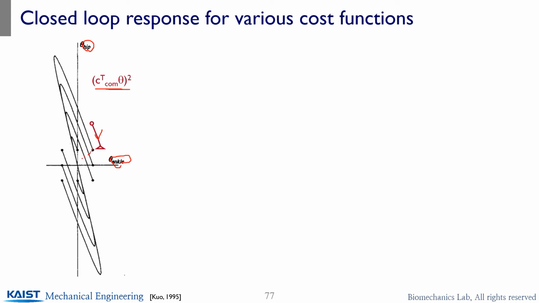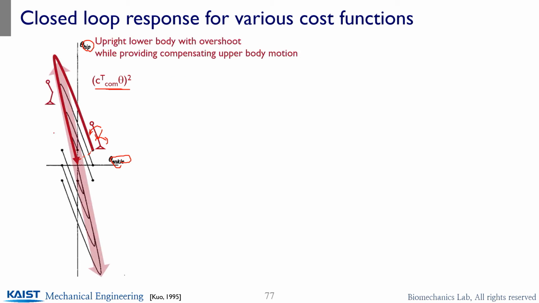Instead of directly coming to the origin, your control makes the lower limb move back while your upper limb moves forward, a compensatory behavior. And then at a certain point, you reduce all of your body posture to the origin. That's how center of mass minimization optimal control generates motion.